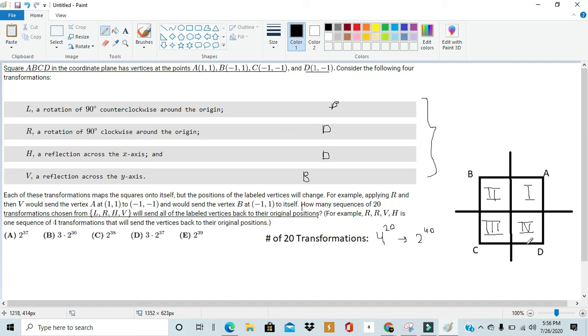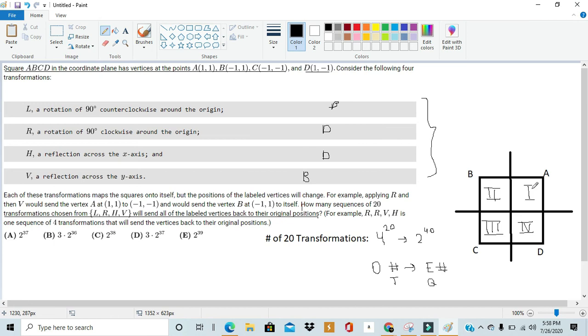We see that any odd number transformation will move it to an even number quadrant. Similarly, any even number transformation will move it to an odd number quadrant. Since we're dealing with a 20 sequence transformation, 20 is an even number, so it'll be in an odd number quadrant.